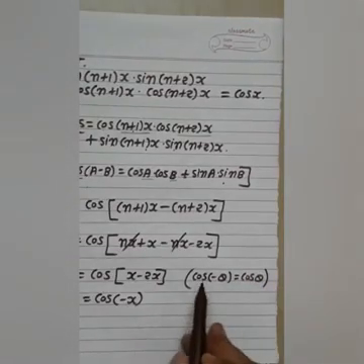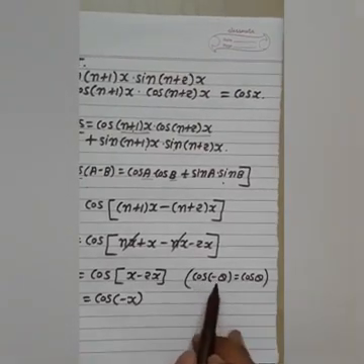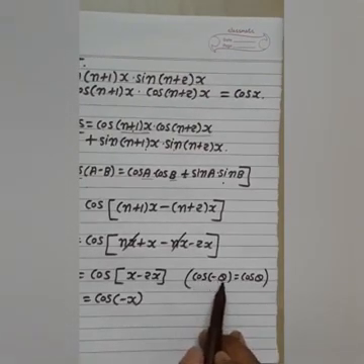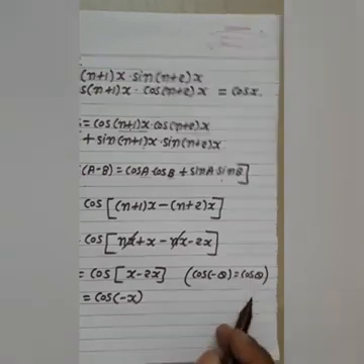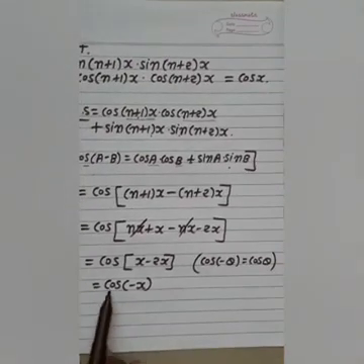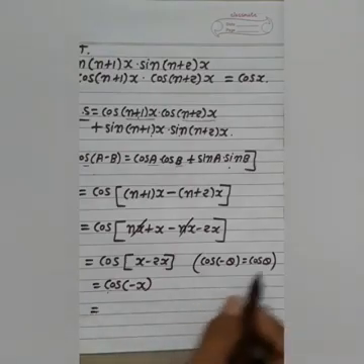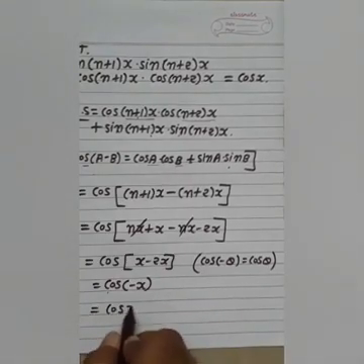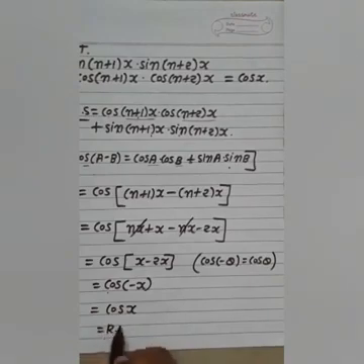So here the minus sign is removed and we can write cos theta. The same term is present here, cos of (minus x). So applying this result, we can write cos x, which is equal to our RHS side.